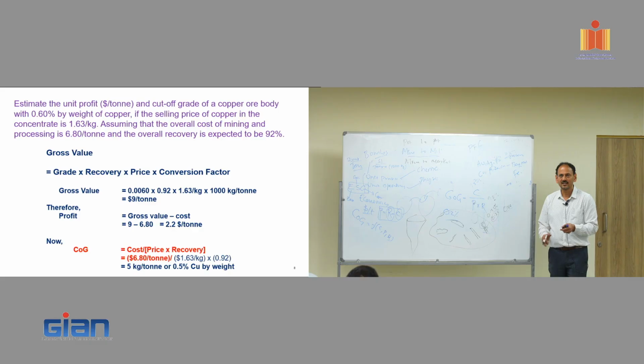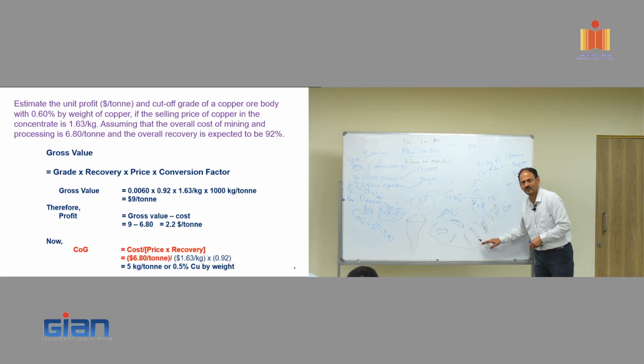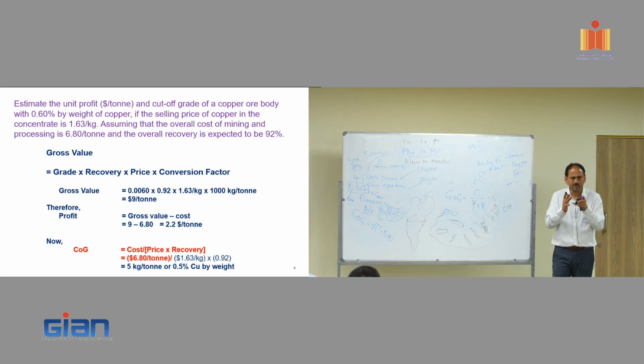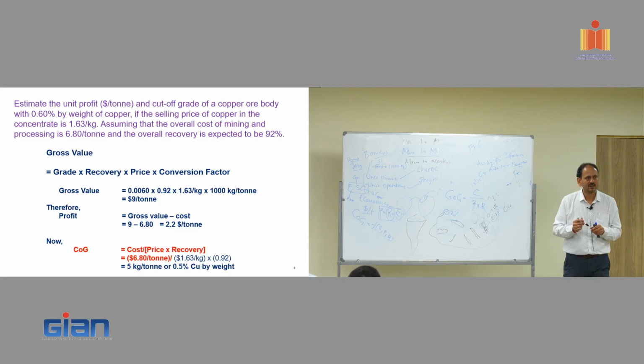So that is where exploration geologists will prepare this for you, and then mining guys will come and say, okay, I will not extract this, but I will extract this. But you cannot do that, right? So that is where mine to mill, pit to port, and then mine to market concepts have come into existence.